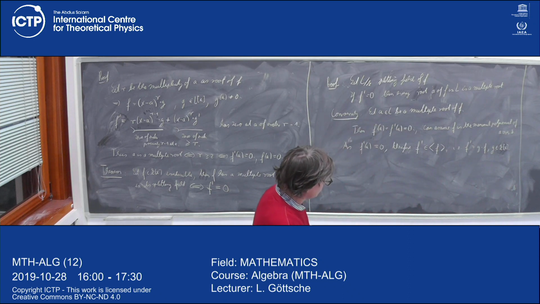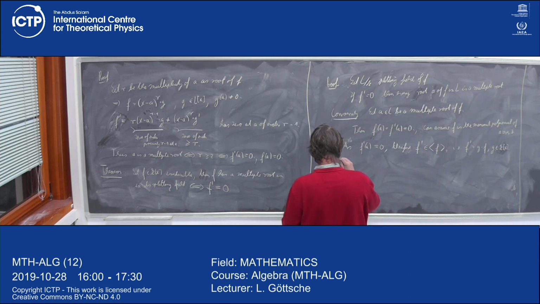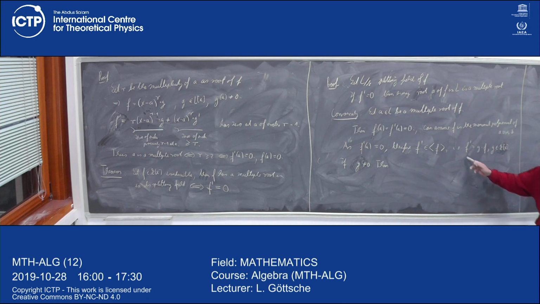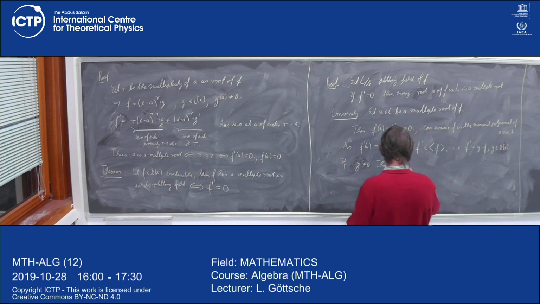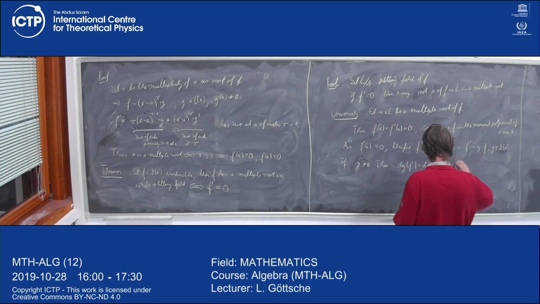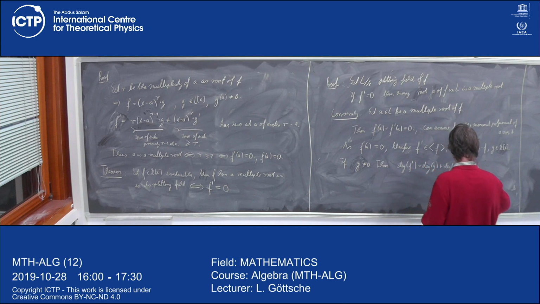Thus, if g is different from 0, it follows, since the degree is additive, that the degree of f prime is equal to the degree of g plus the degree of f, which is bigger or equal to the degree of f.